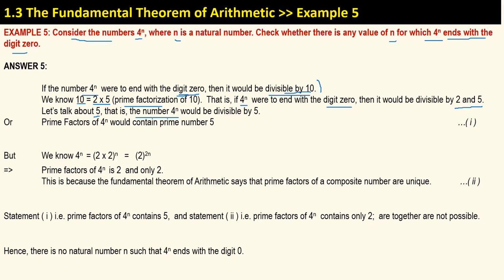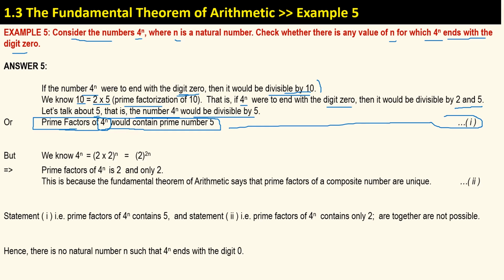That is, the number 4 raised to power n would be divisible by 5, and if this is true, then the prime factors of 4 raised to power n would contain the prime number 5. That is, prime number 5 would be one of the prime factors of 4 raised to power n, and let's call this our statement number 1.